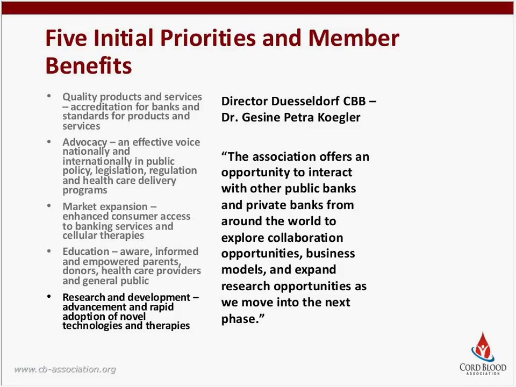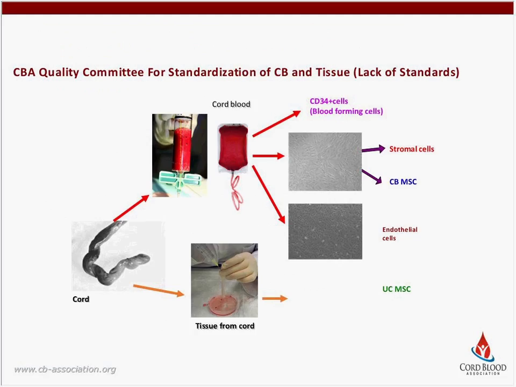So in our next webinar, we will talk more about those opportunities and where the industry can go and how the Cord Blood Association can help support those and how your membership can help support those. So these are the 5 areas that the Cord Blood Association has identified as our key focus areas in our 2016 planning priorities. With that, I'd like to turn it over to Gesine to talk more about the quality standard.